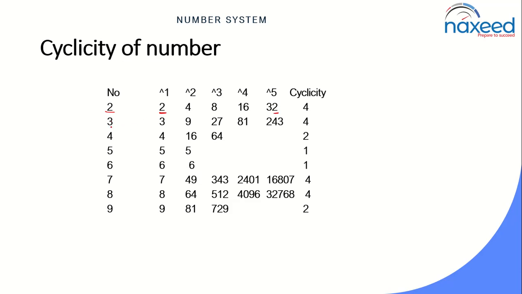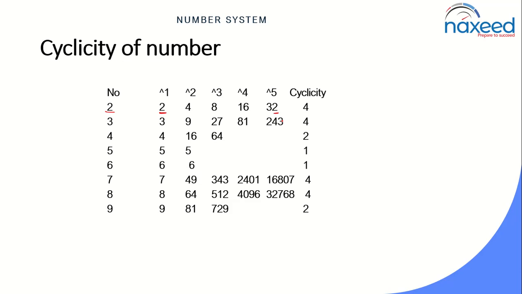Once again, if I take the number 3. Now 3 to the power 1 is equal to 3. Unit digit is 3. Correct? Now square will be 9, cube will be 27, 3 to the power 4 is equal to 81, and 3 to the power 5 is equal to 243. Once again, in this 243, what is the unit digit?